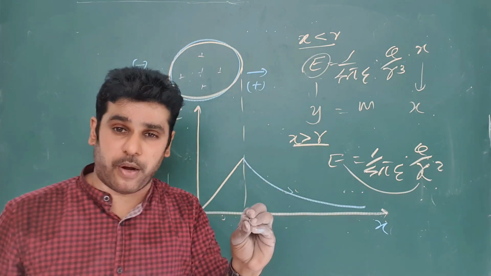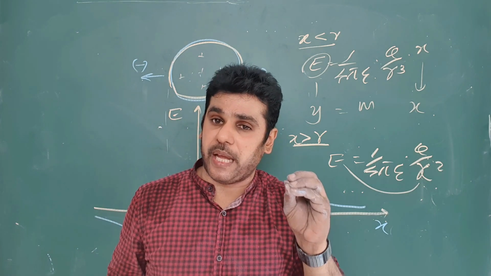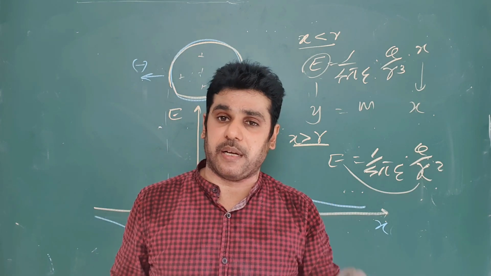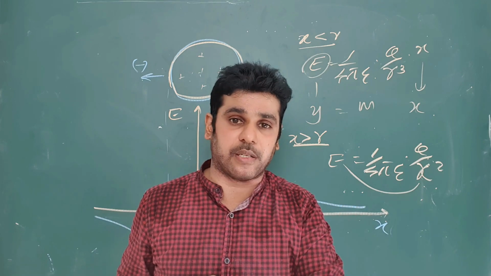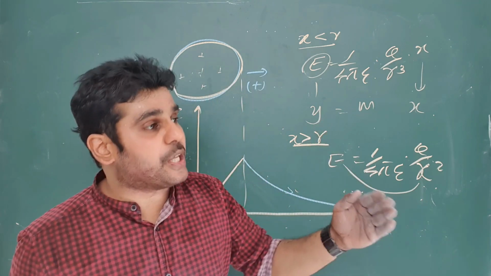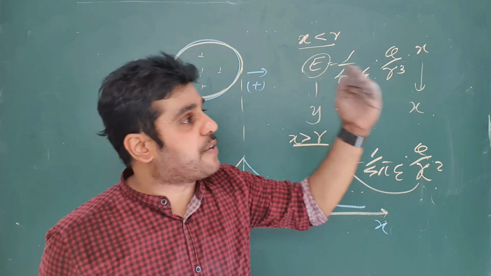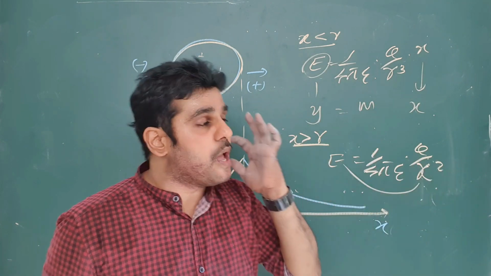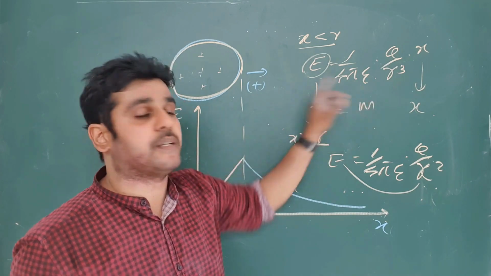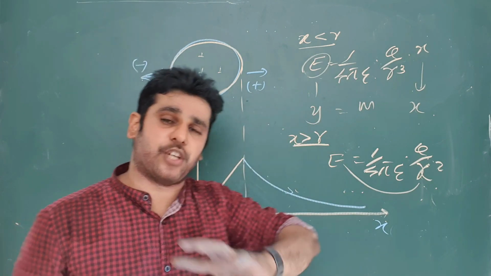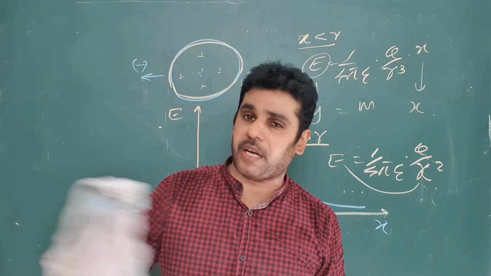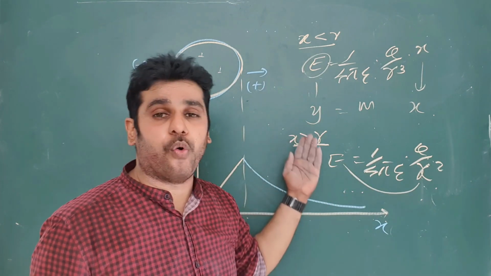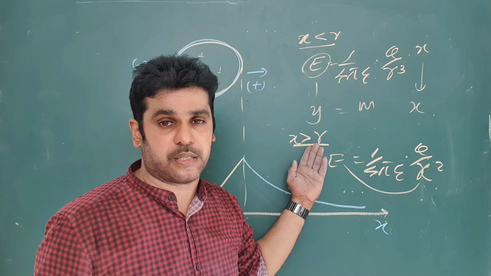Now this is very important. When you take the dielectric media or conducting media, a conducting sphere or dielectric sphere, when you do the calculation outside the dielectric or conducting spheres, you can keep that charge at the center. Assume all the charge is concentrated at the center. Then write the E or V with the necessary distances.